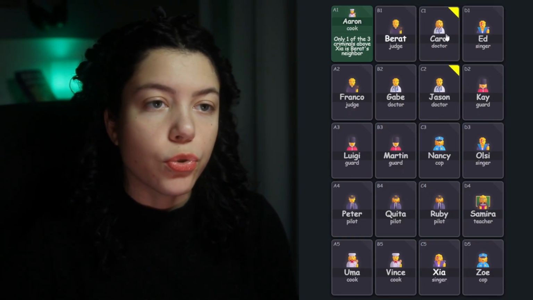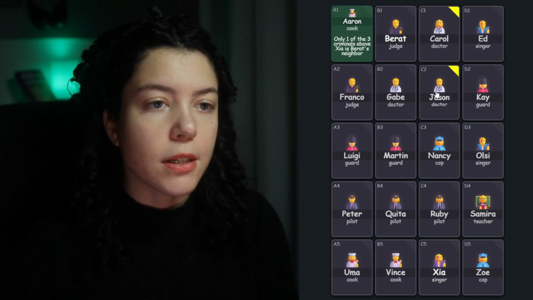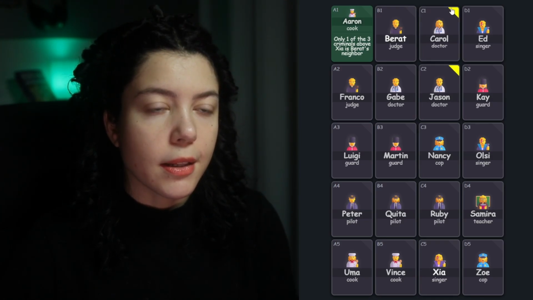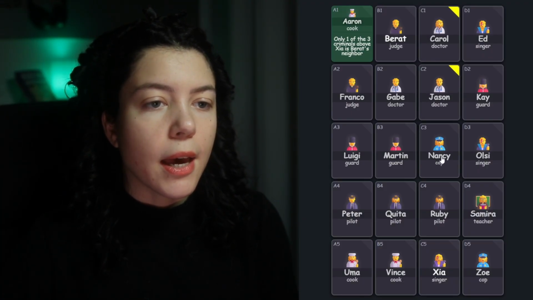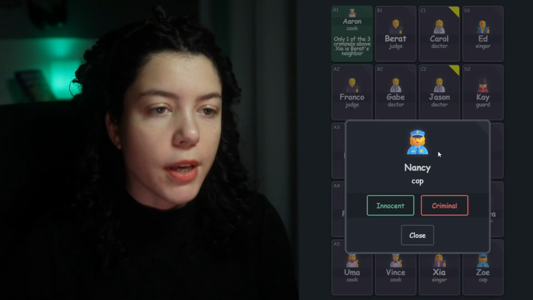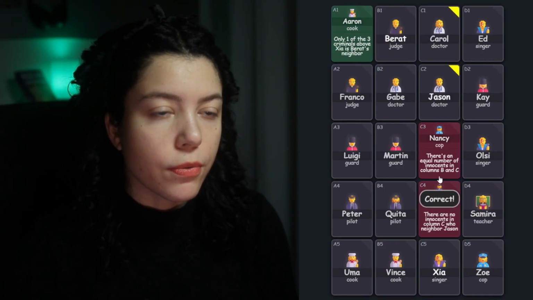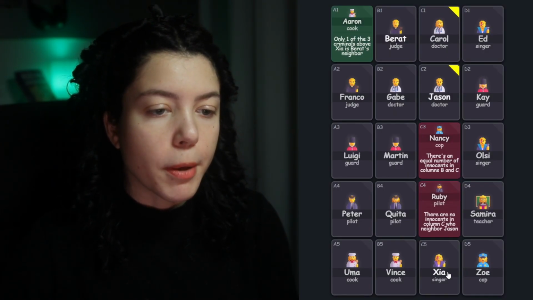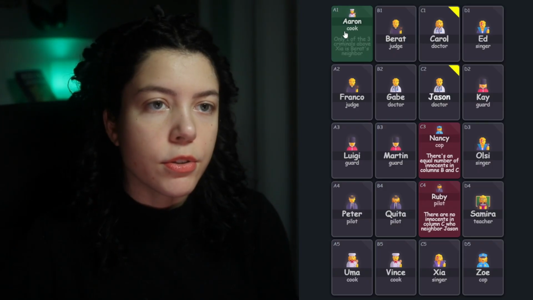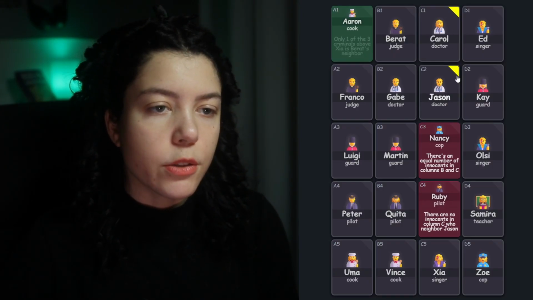So if one of 2 is a criminal, the other one is going to be an innocent. So we tag them with the yellow tag to indicate that they are opposites. And we have 2 other people. Both of those have to be criminals, so we can have a total of 3 among the 4 people above Sia. And we don't need Aaron's clue anymore because we tagged these people.